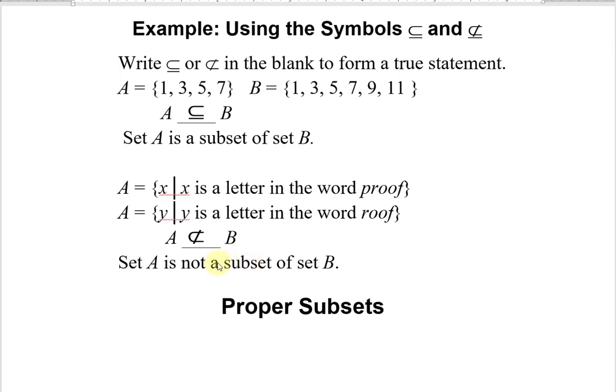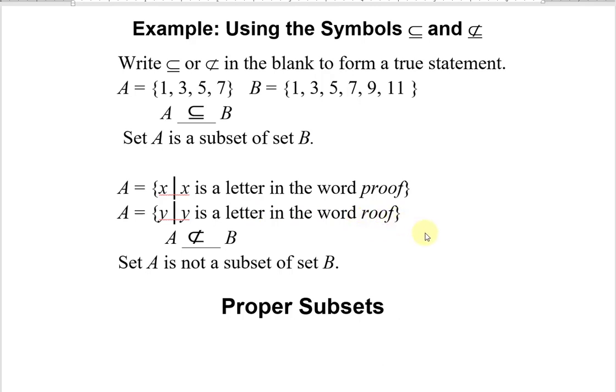Another example. Now, set A is the set of X such that X is a letter in the word proof, P-R-O-O-F. Now, this is the set of Y such that Y is a letter in the word roof, R-O-O-F.